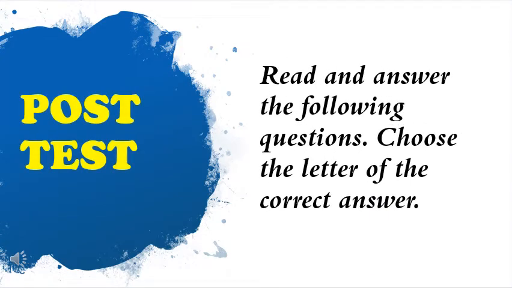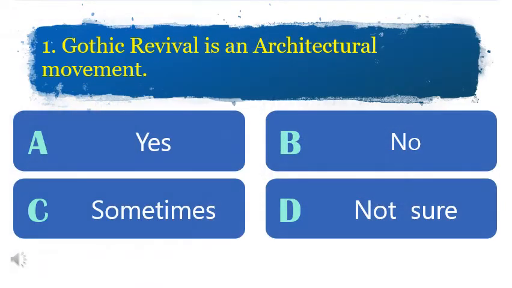Before we part ways, let's answer the following questions in the post-test. This part will check the integration of values in the learning competency. Direction: read the questions carefully and choose the letter of the correct answer. 1. Gothic Revival is an architectural movement. A. Yes. B. No. C. Sometimes.